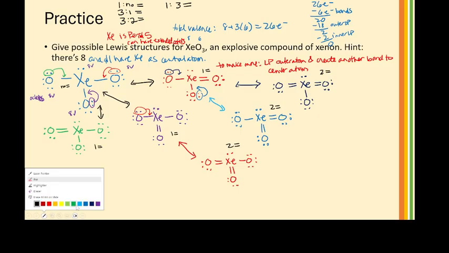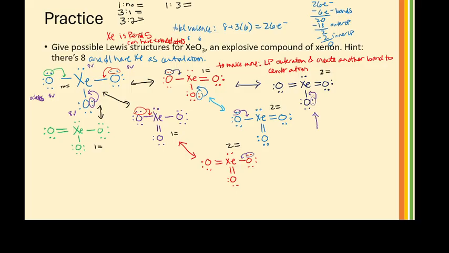Let's see. I'll do purple again. So in this one, I could take this one and move it here. In this one, I could take an outer one from here. Or in this one, I could take this one and move from here.